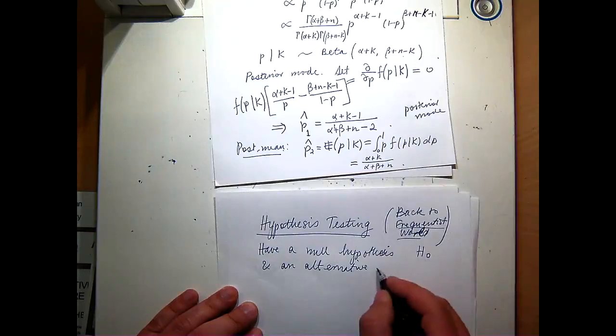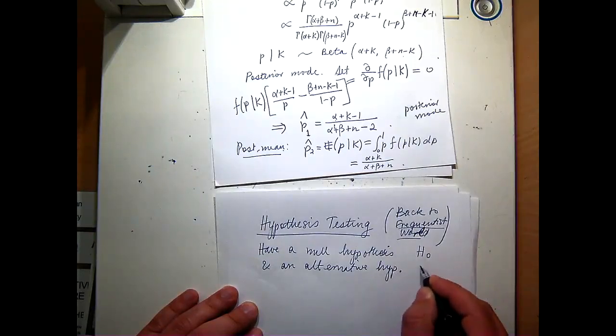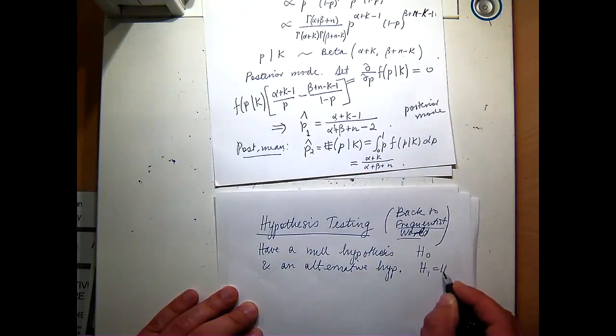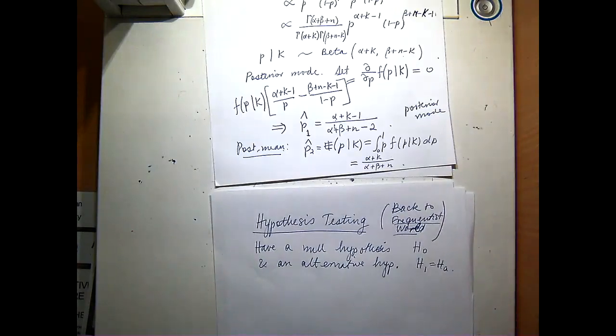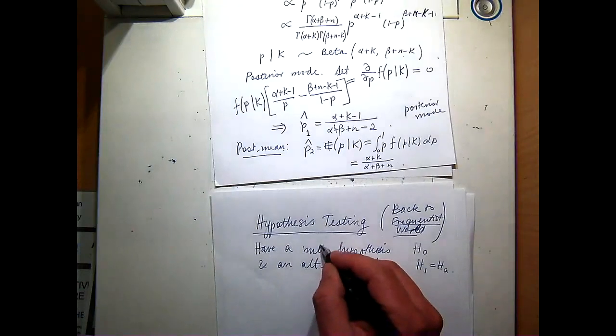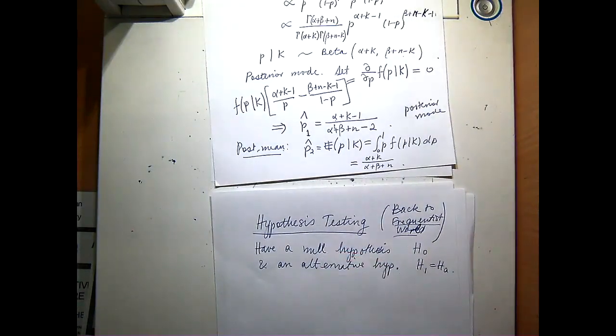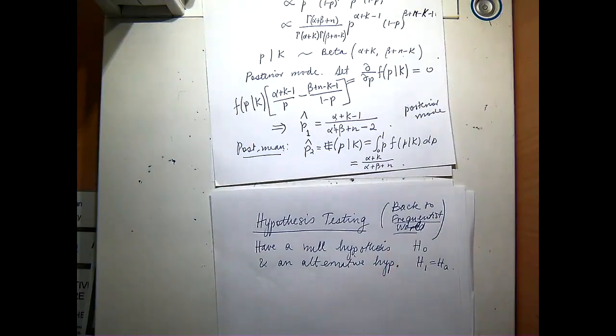That's always H0. The alternative hypothesis, whether you call it H1 or HA, I don't mind. They are sort of in contradiction to one another, but especially in the one-sided case, they will not necessarily be mutually complementary.